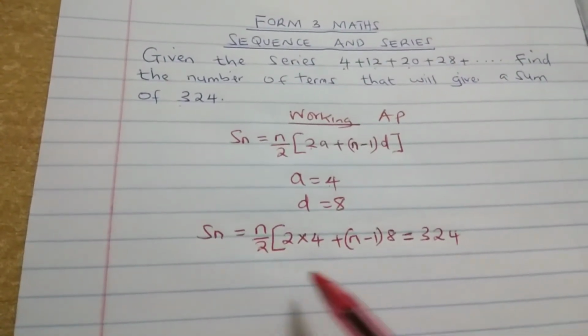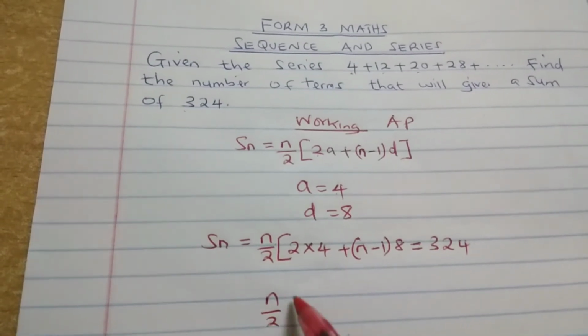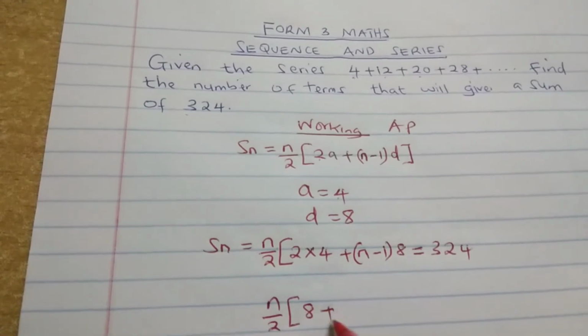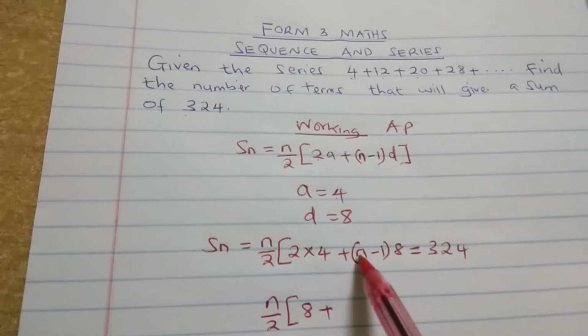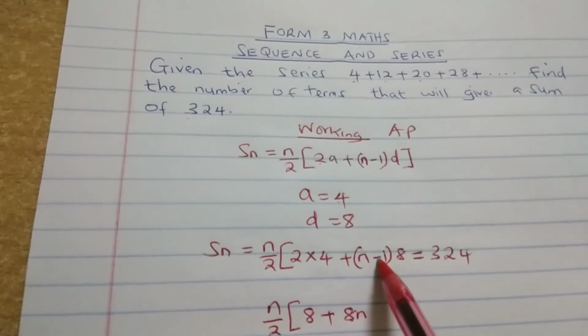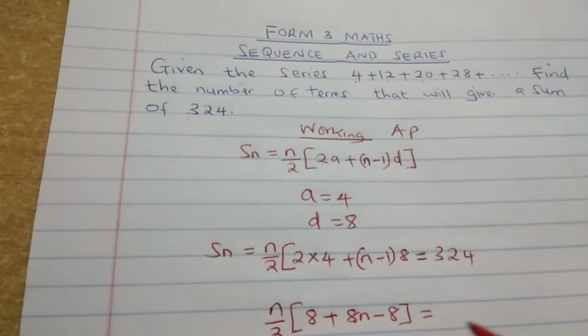Going down, this is going to be n over 2 into 2 times 4, which gives us 8, plus 8 times n, which gives us 8n, then minus 1 times 8, which gives us minus 8, and this will be equal to 324.